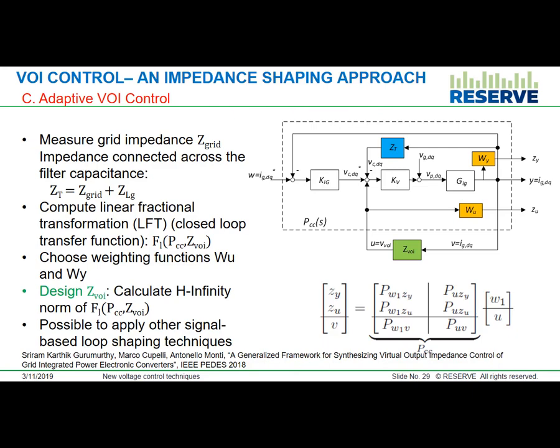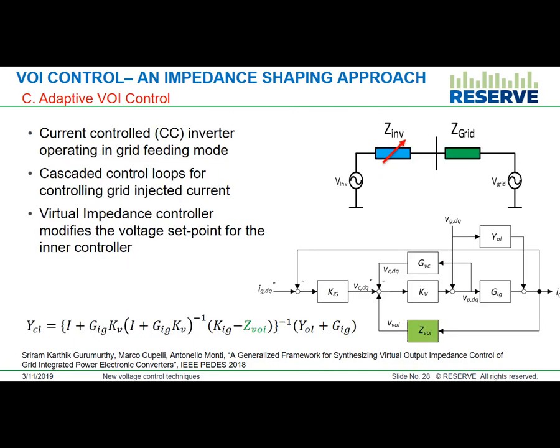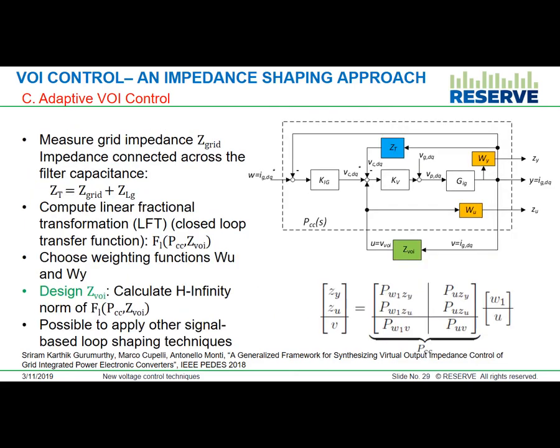The measured grid impedance and the filter inductance of the LCL filter, the sum of them, is called this term ZT, which can be augmented into the control block diagram of the inverter, which I just showed in the last figure. So this part can be removed, and you can replace it with the total impedance.